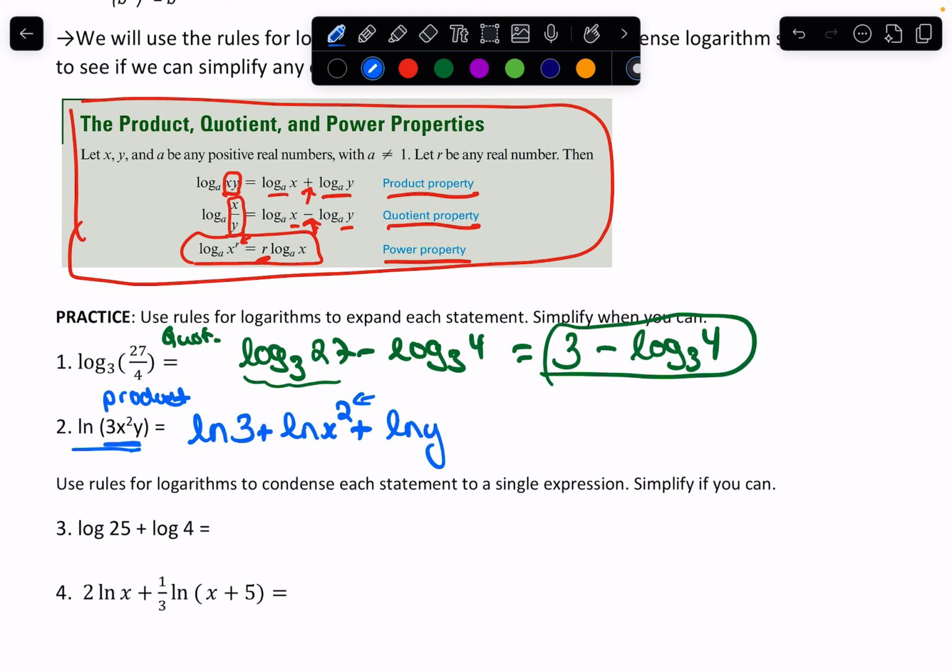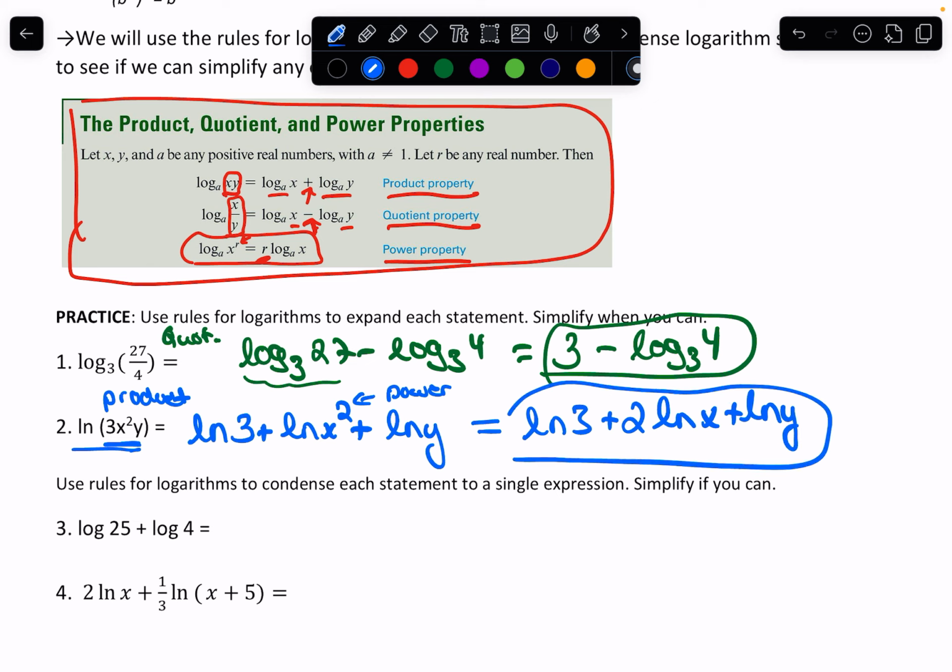And we get natural log of 3 plus 2 times natural log of x plus natural log of y. And that's it. Okay, next, what we did here is we expanded. Now we're going to use the rules for logs to condense to a single expression. So we're going backwards.